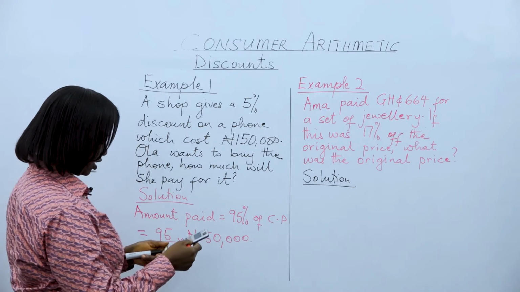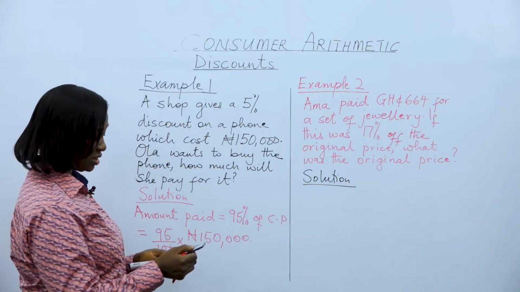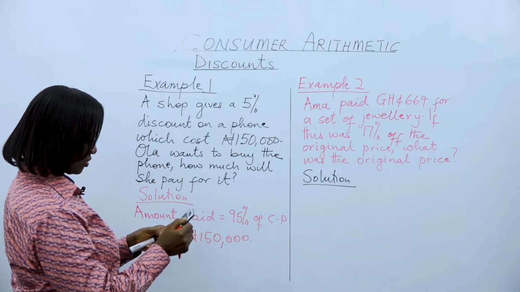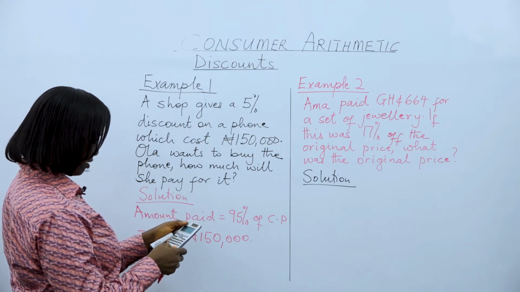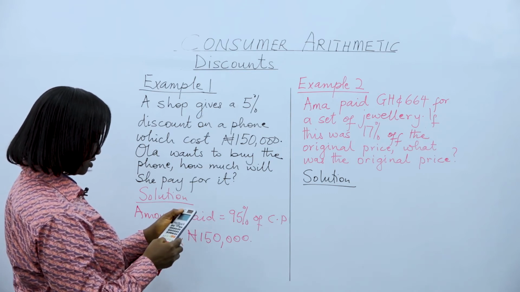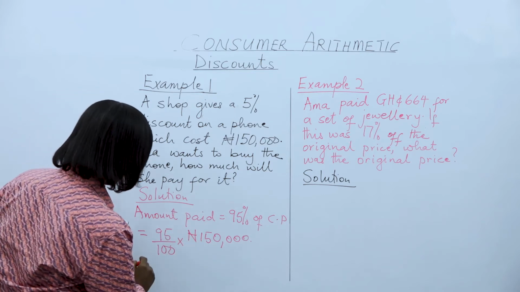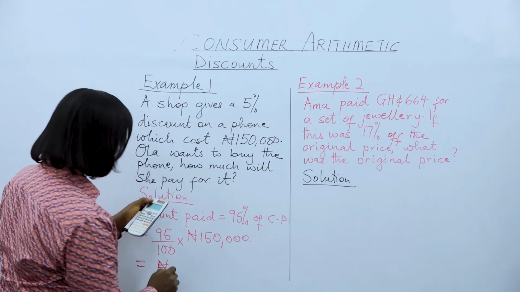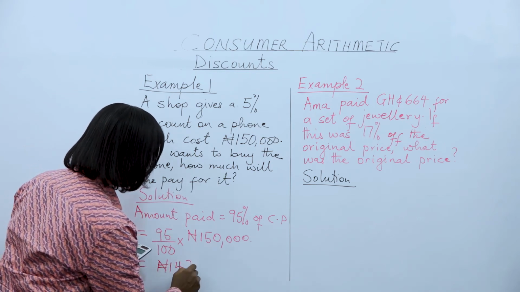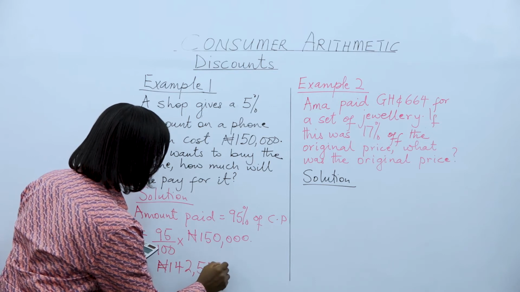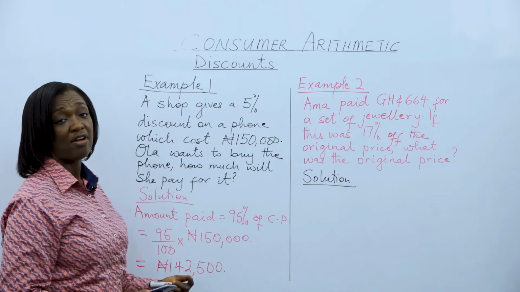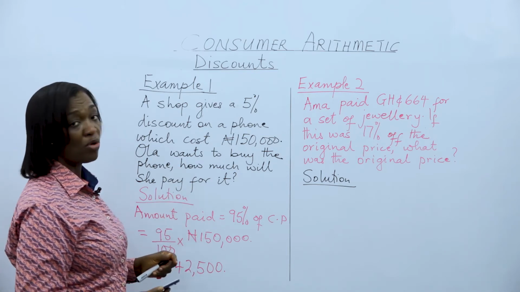So I put that into the calculator. 95% is 0.95 times 150,000, and that gives me 142,500. So Ola paid 142,500 naira for the phone.